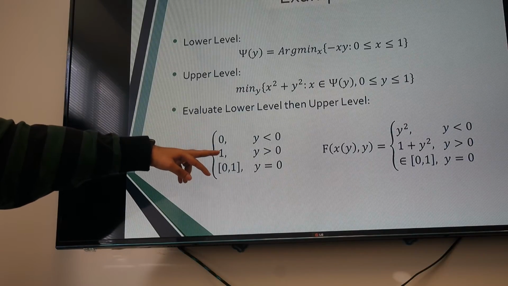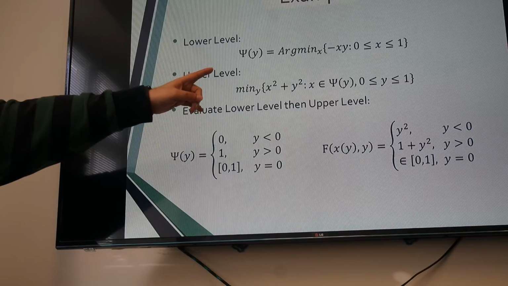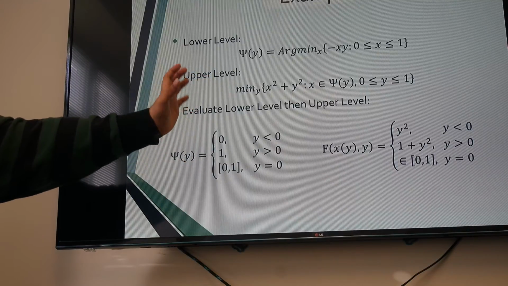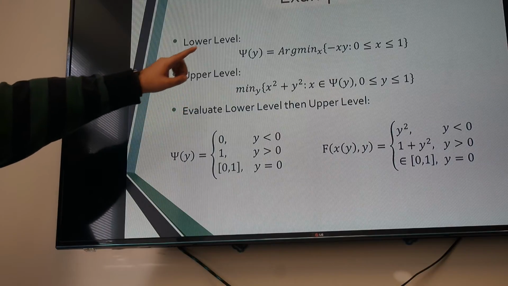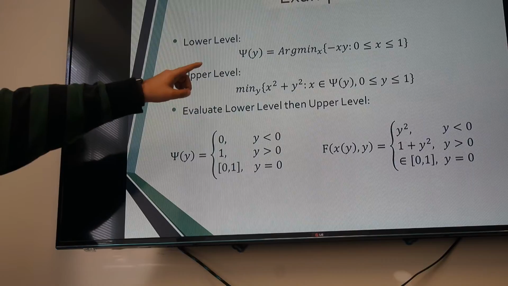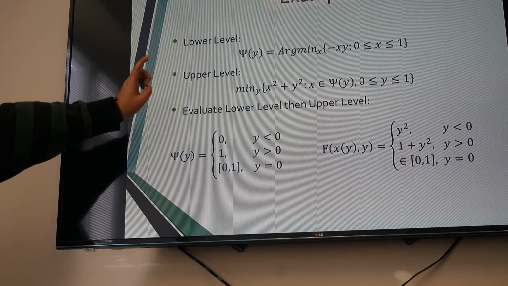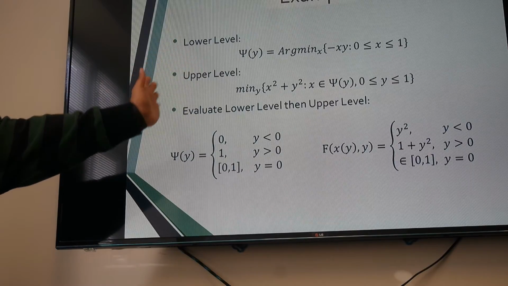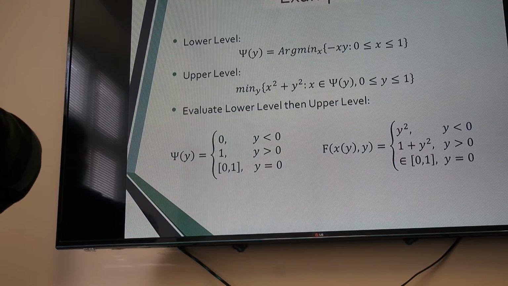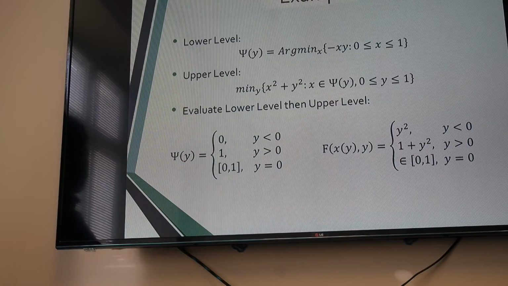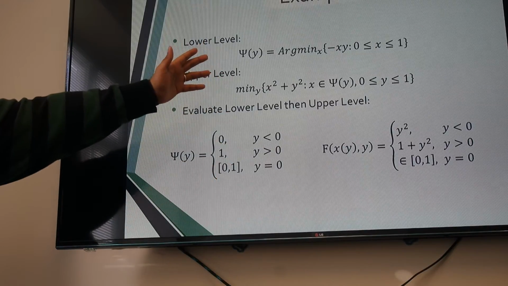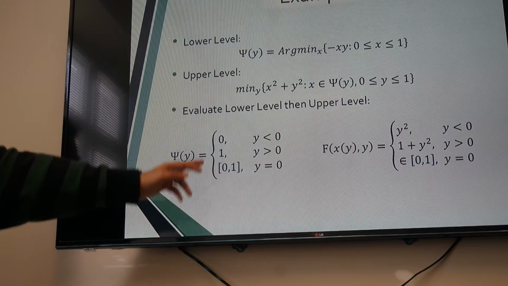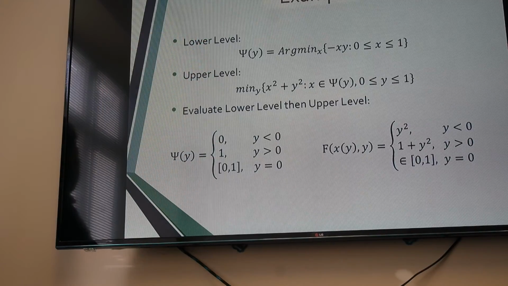When y is more than 0, in our case, let's assume that it is between 0 and 1, minus xy will be equal to minus x. In order to make this as negative as possible, we set x as big as possible. X cannot be more than 1, so this is the optimal solution. If y is equal to 0, it doesn't matter what value for x we choose. Any value between 0 and 1 will be optimal for that lower problem.